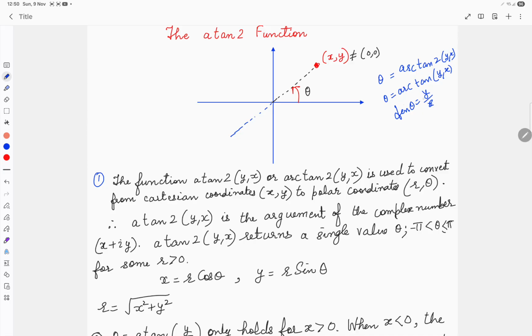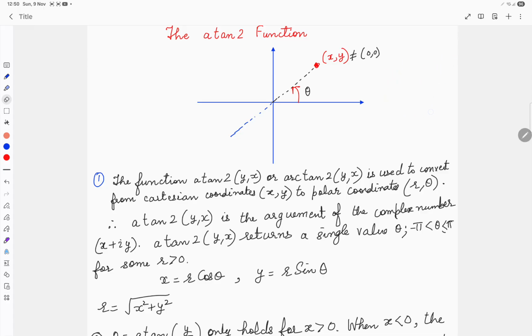In usual cases, we know this relationship of getting theta, but there are two or three problems associated with calculating theta with this tangent function. So in this lecture we will try to understand the problems with calculating theta using the arctan function, and how those problems will be removed using arctan2 of y comma x. So that is basically what this lecture is all about.